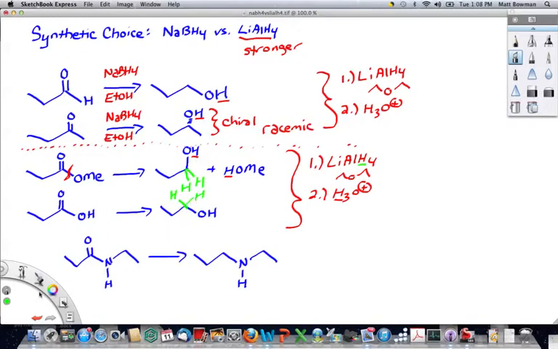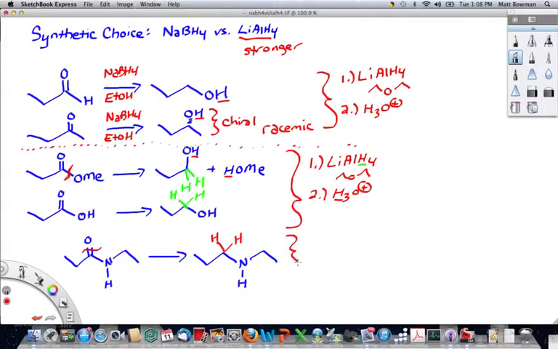With a carboxylic acid, you have a very similar result, except the carboxylic acid is reduced to a primary alcohol using lithium aluminum hydride and H3O+. For an amide, basically the carbonyl is removed altogether and it's replaced with two hydrogens from the lithium aluminum hydride.